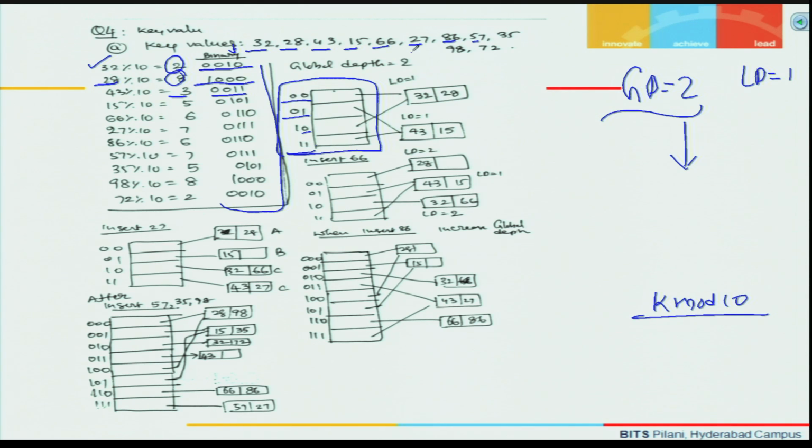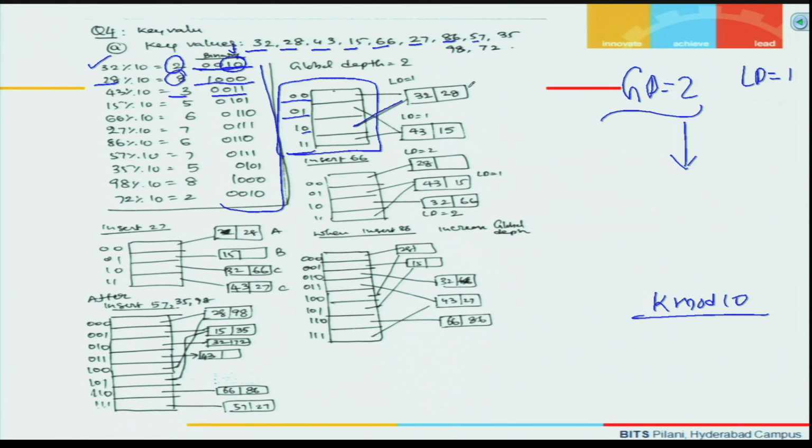Now I insert a record with 32 mod 10, which gives me 2, and whose hash value is 0010. Since the global depth is equal to 2, I take only the last 2 digits and search the entry 10. Since the local depth is equal to 1, only 2 buckets are possible.